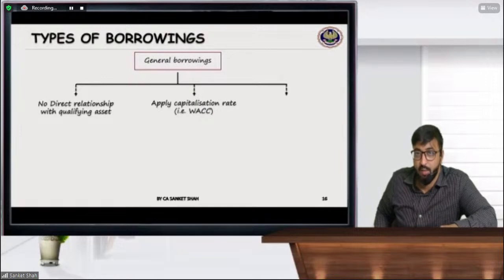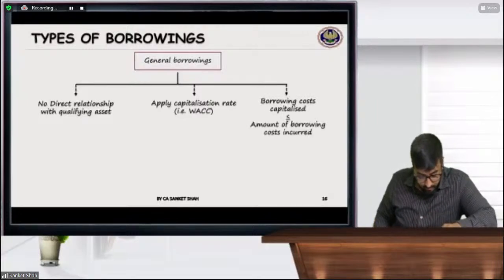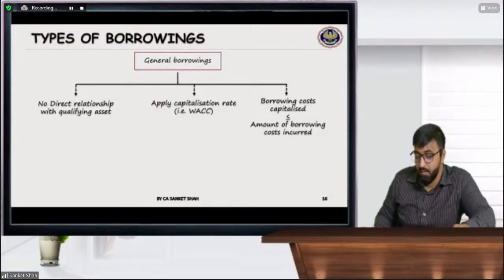Here you will apply the capitalization rate, that is weighted average cost of capital, and the borrowing cost has to be capitalized, less than the amount of borrowing cost incurred. So remember, the borrowing cost whatever you capitalize, first you have to compare with your total interest, and it must be less than that.